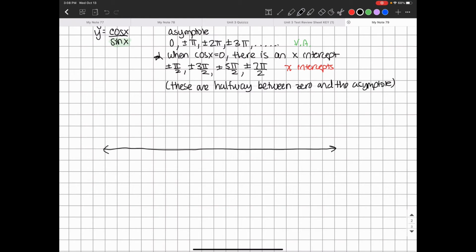So I'm going to count by pi over 2. So this is pi over 2, this is pi, 3 pi over 2, 2 pi, this is 5 pi over 2, negative pi over 2, negative pi, and then negative 3 pi over 2. And then I'm going to put all my vertical asymptotes in.